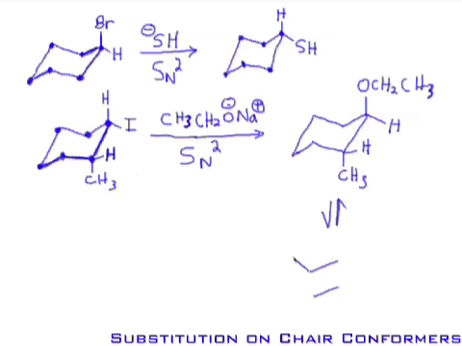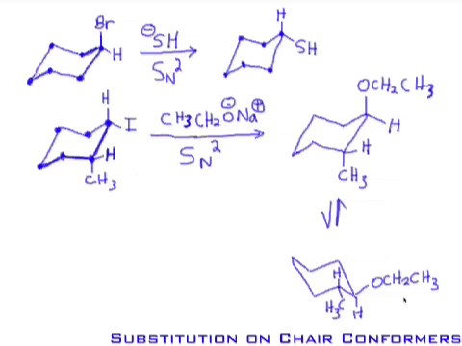And the ring flip structure would look something like this. Now that methyl and the ethoxy group are equatorial. This is the same molecule, only ring flipped.